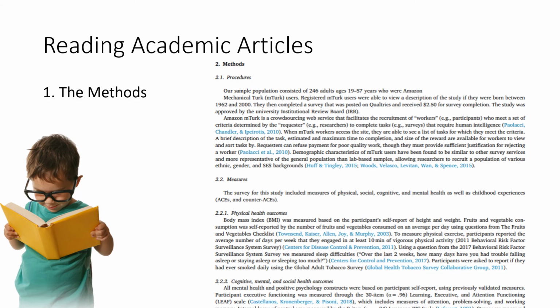And here in this paragraph, they describe how they got the physical health information for each participant. So body mass index, or BMI, was measured based on the participant's self-reported height and weight. Later on it says, to measure physical exercise, the participants reported the average number of days per week that they engaged in at least 10 minutes of vigorous physical activity, and so on and so forth. They're going to describe these in detail so that if anyone else wanted to replicate their study, they could do so easily.